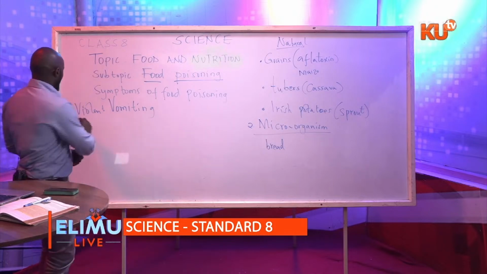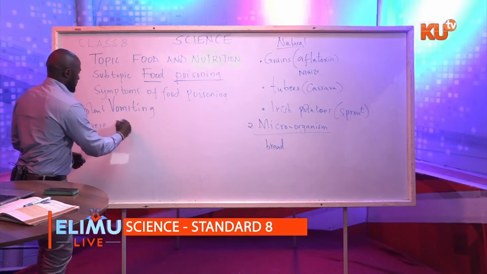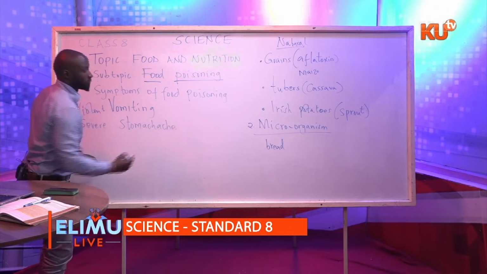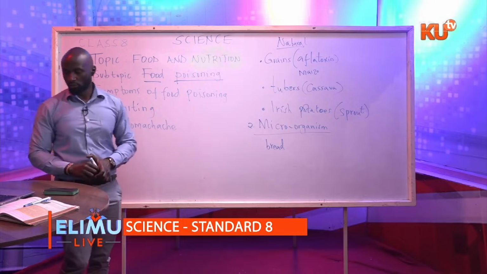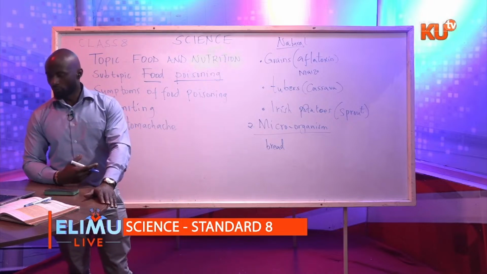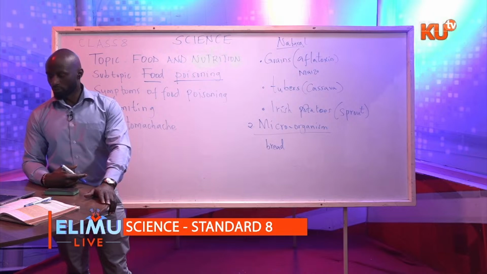Number two, we have severe stomachache. Severe stomachache is a second symptom of food poisoning, where you feel intense pain, acute pain in your abdominals.